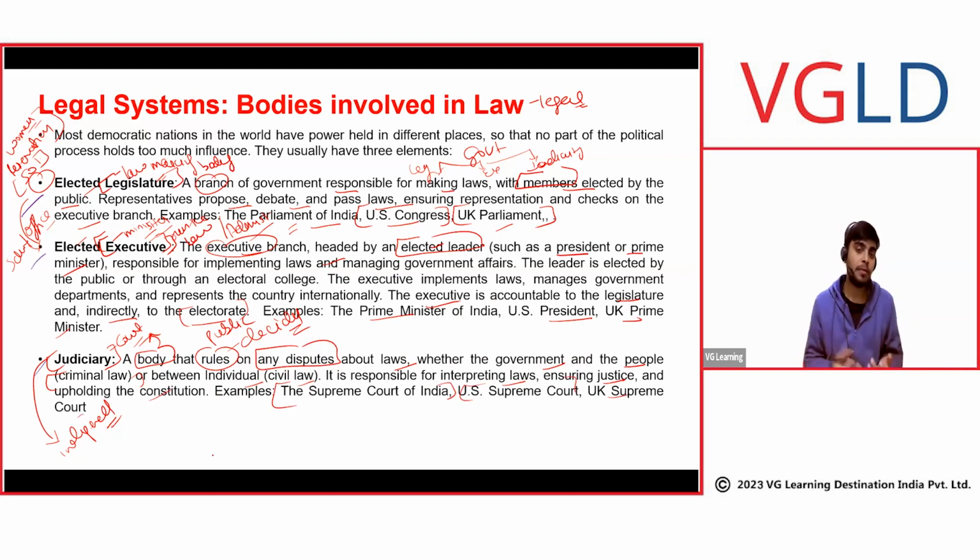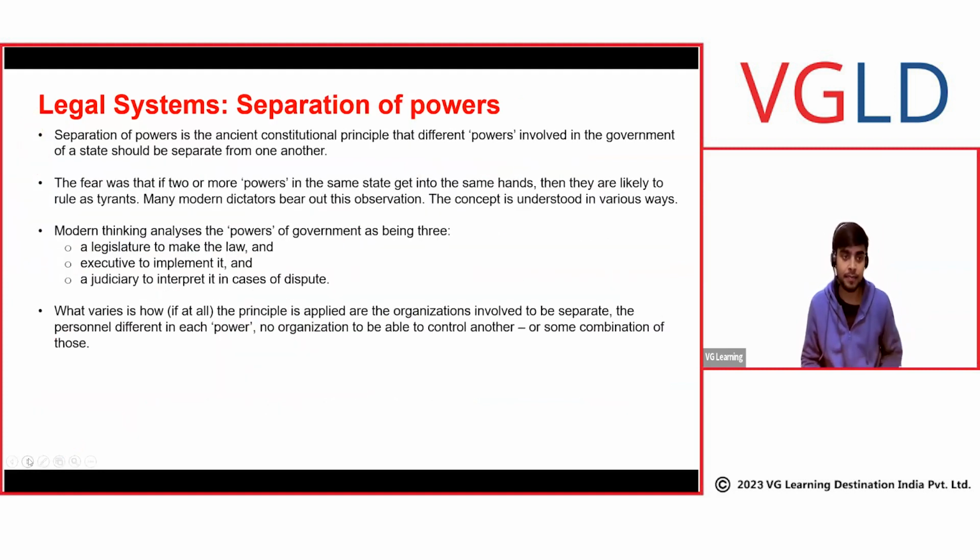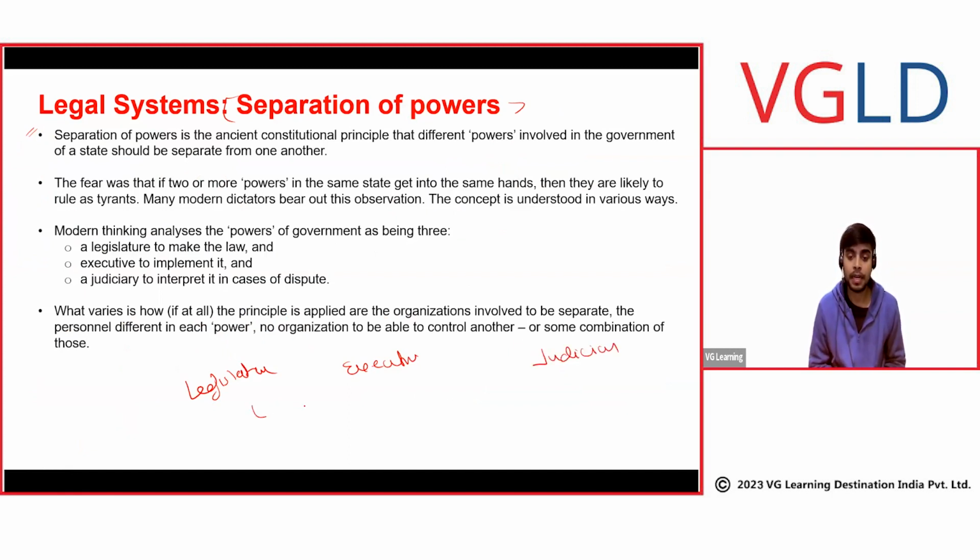And you would be surprised that each country has their own system. So let's discuss them. If you remember, the purpose of having three separate units, legislature, the executive, and the judiciary, is separation of power, so that no individual entity holds the entire government.